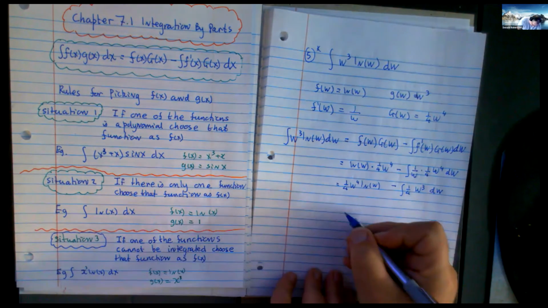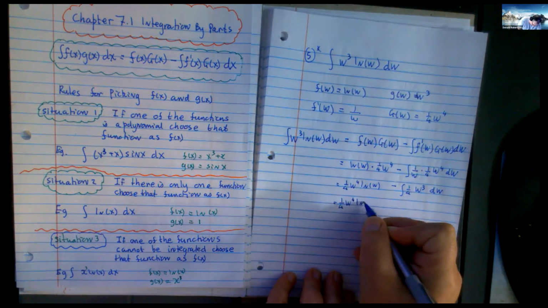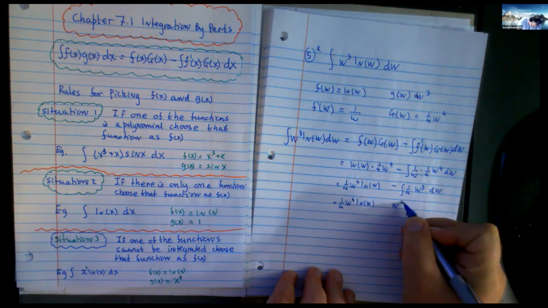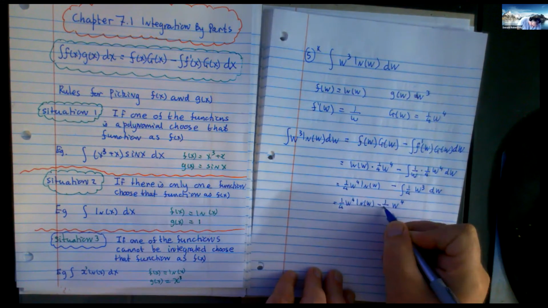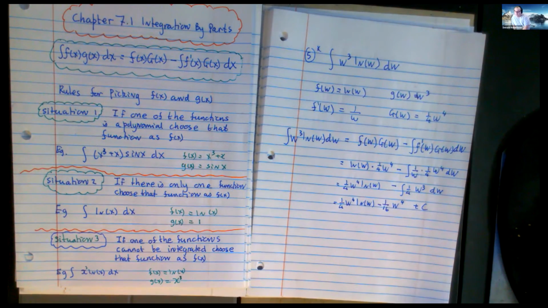So we have this piece. If you integrate that, you add 1 to the power and divide by the new power. Done. It's kind of elegant when it works, isn't it?